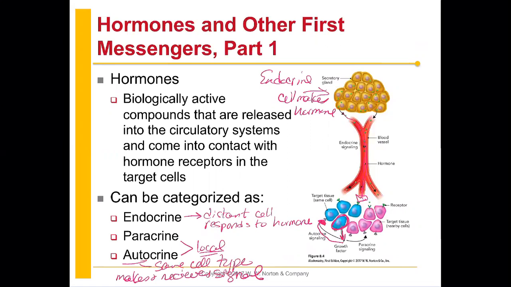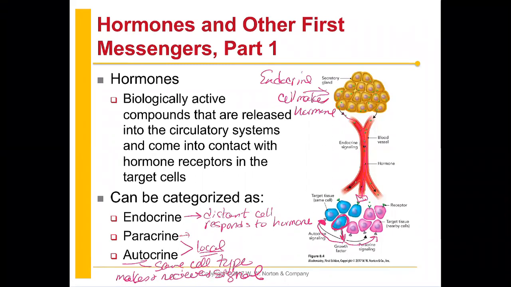Paracrine, one target cell, right, is going to make it, and it's going to go to a close location, but it's going to be a different cell type. It's a different tissue type, right? So it's still local. Didn't have to go far, but it's a different cell type.